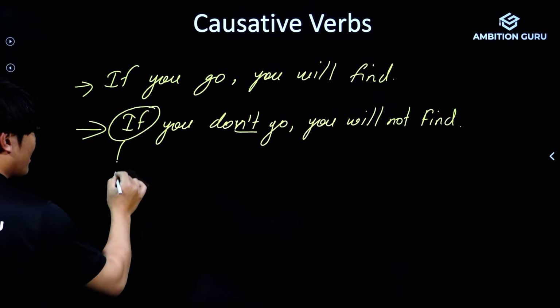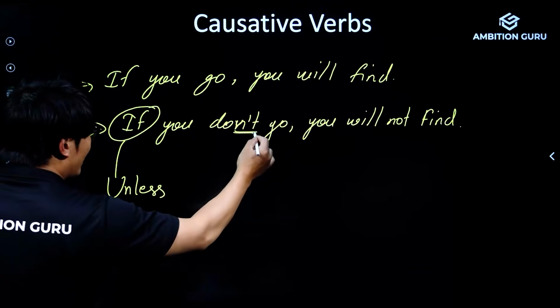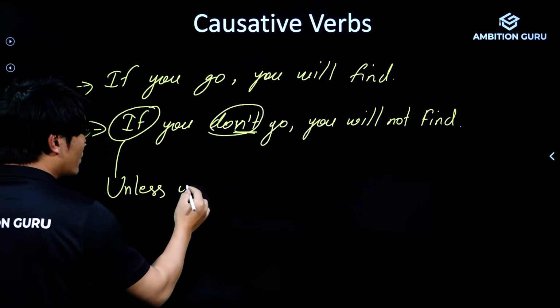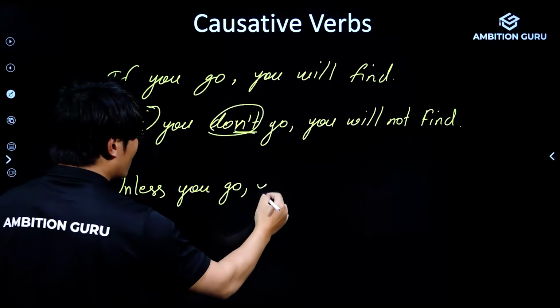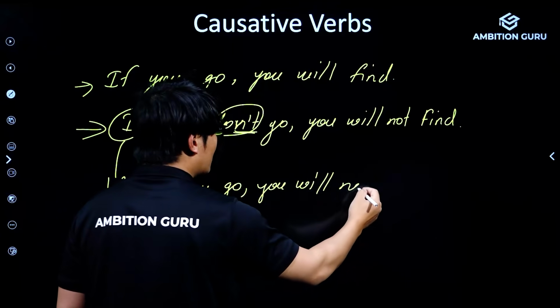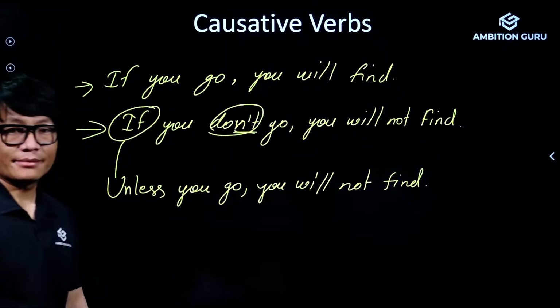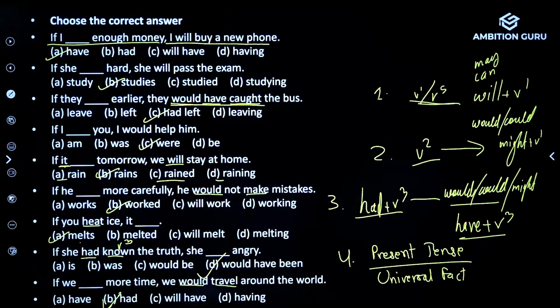In the place of if you write unless, and you don't need to write not. So: unless you go, you will not find. Clear? Like this. A screenshot, please. Okay, you can take this screenshot.